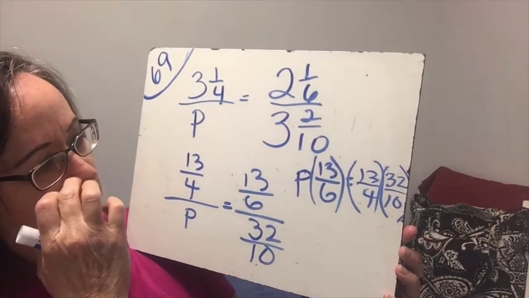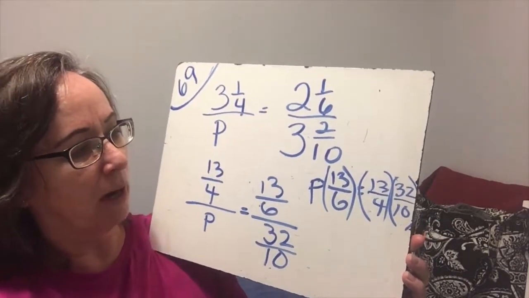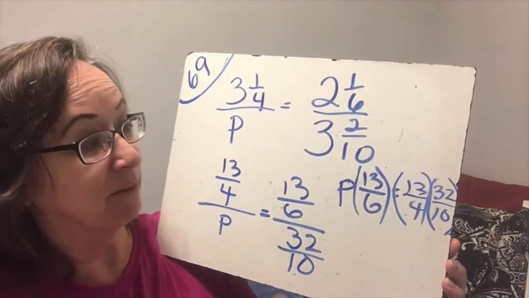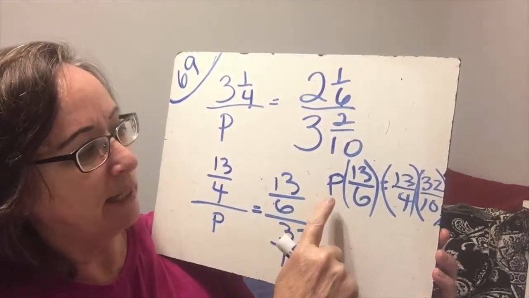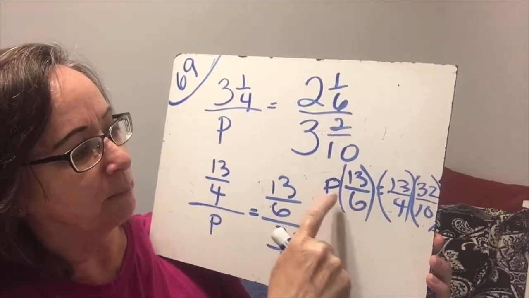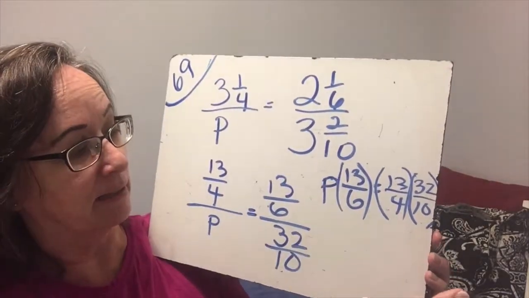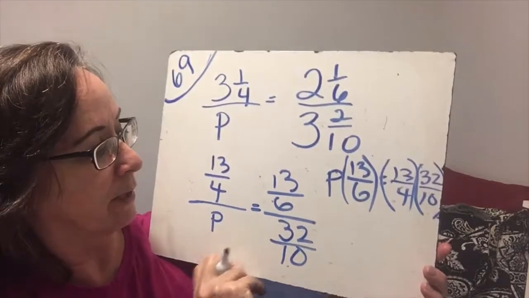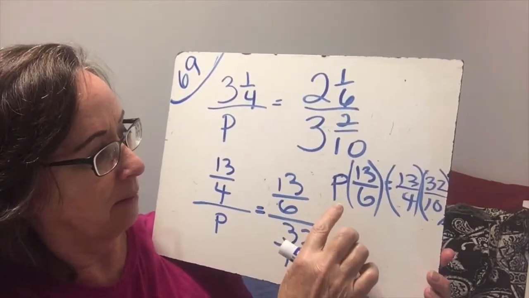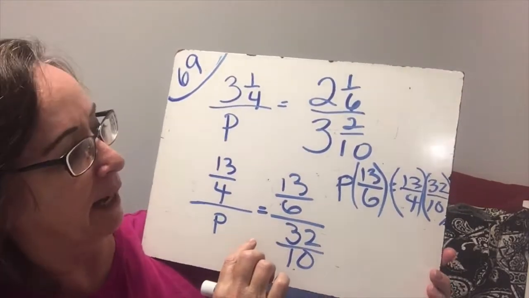Okay, so let's go ahead and do our multiplying by the reciprocal, which means that I'm going to multiply both sides by 6/13.